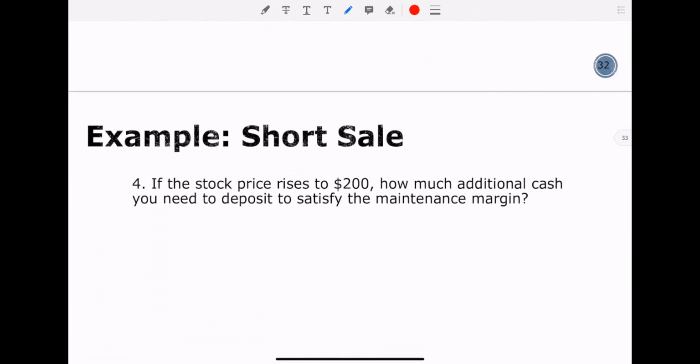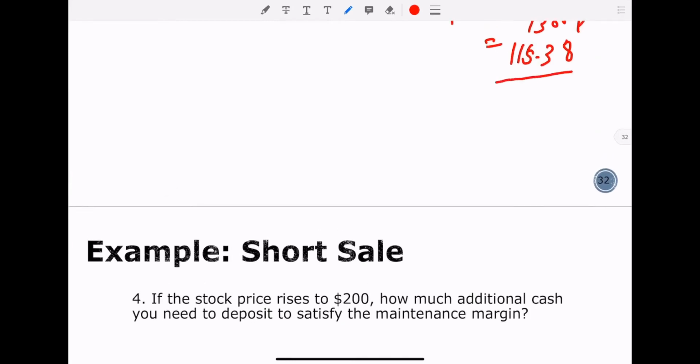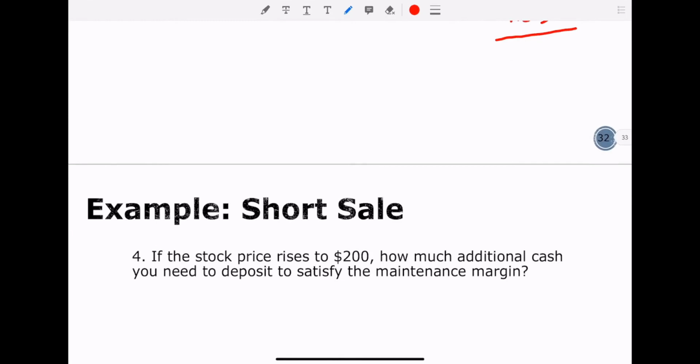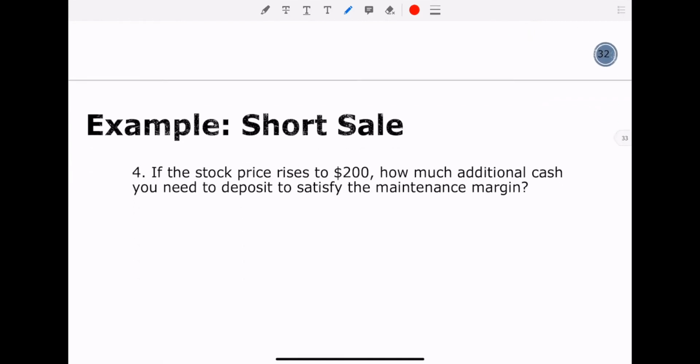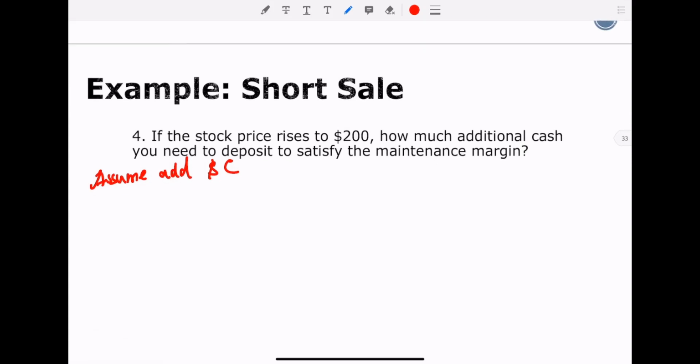So obviously, if the stock price rises above this $115, you will get a margin call. So you will basically definitely get a margin call at $200, right? So let's assume you will add C dollars of cash to satisfy the maintenance margin. Remember, the maintenance margin is 30%.